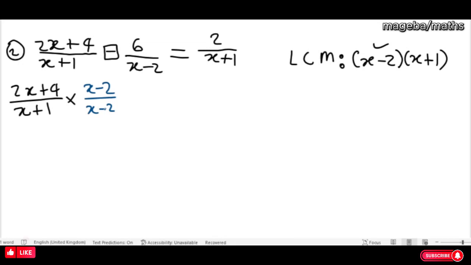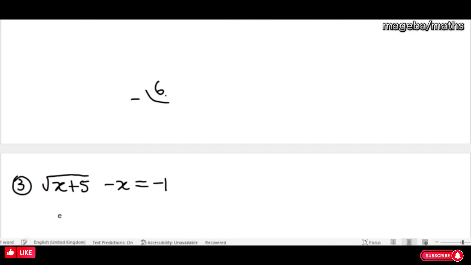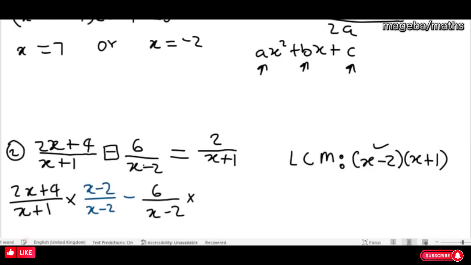And then now minus, we have this again. So we're going to have this 6 all over x minus 2. Now also we need to times. Remember, our denominator here is x minus 2, so we need to times with the denominator that we don't have. What is that denominator? It's x plus 1.